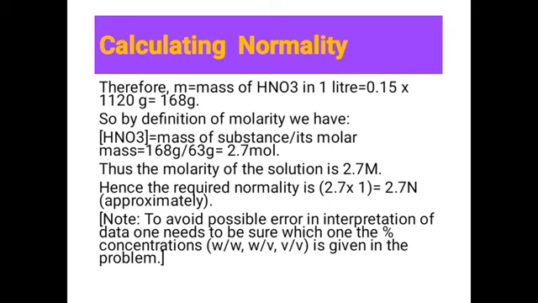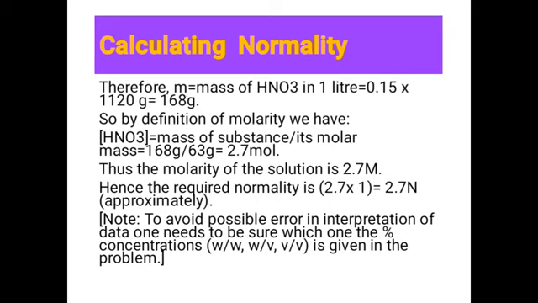So to now find the molarity, since we know the mass of HNO3, the number of moles is equal to mass over molar mass, which is 168 over 63, and that's 2.7 mole.